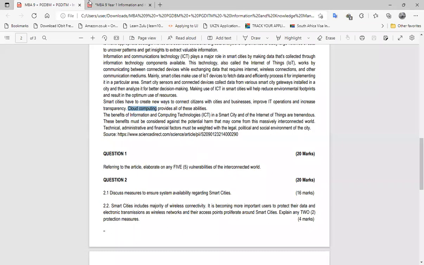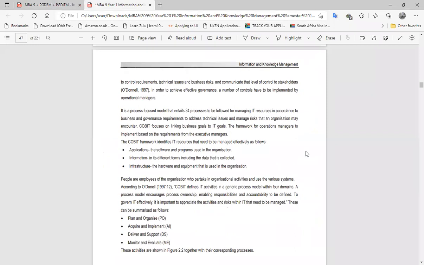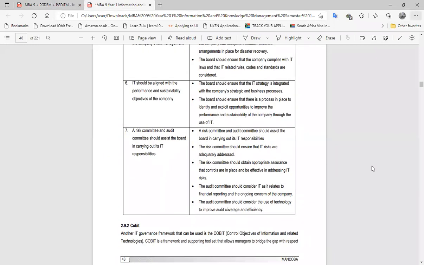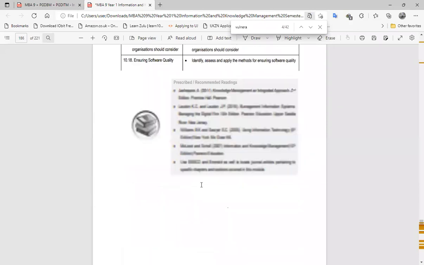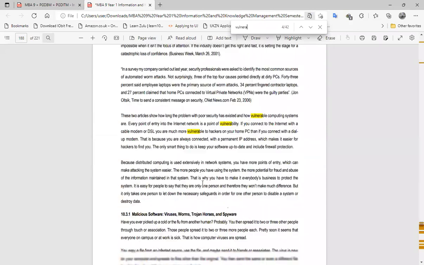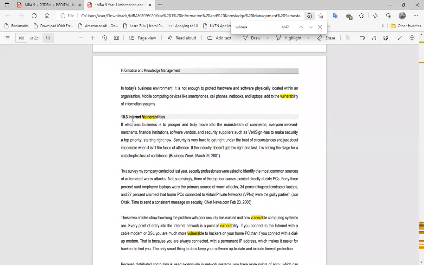So basically, when you go back to the start, what we are looking for here is vulnerability. All right, so obviously we're talking about internet vulnerability, right?